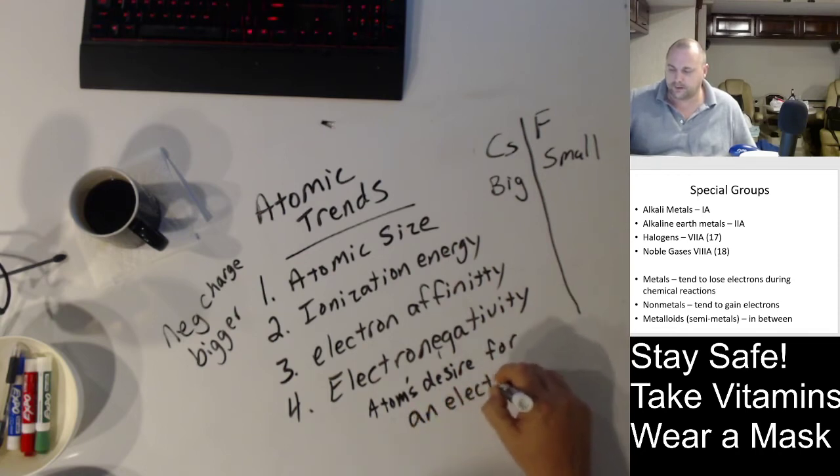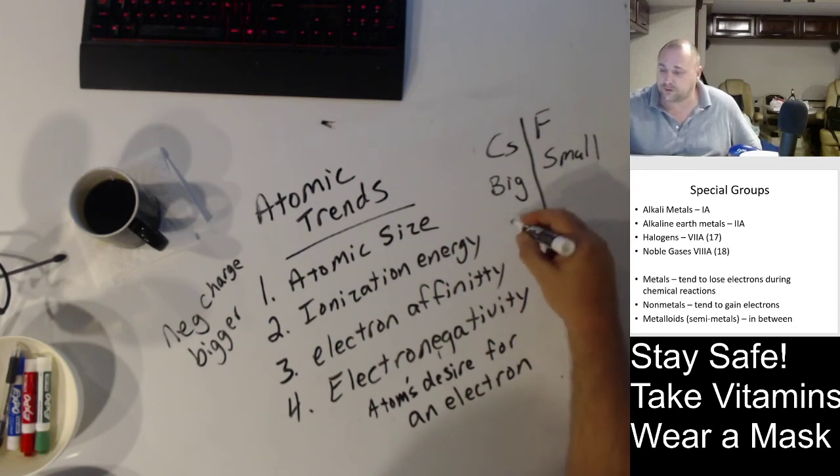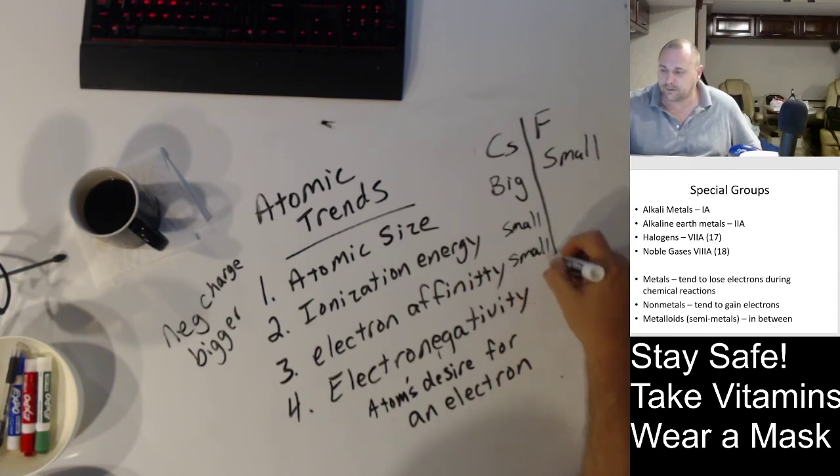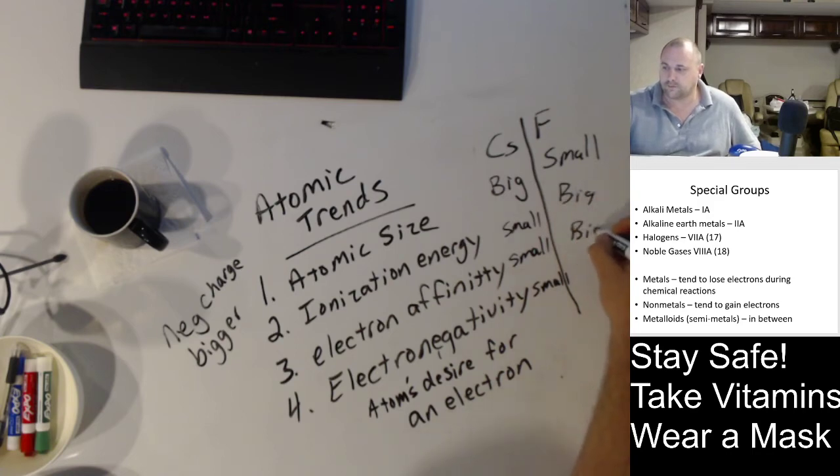This includes the electron it already has, and electrons gaining new ones. The same patterns show up here. All of these are small for cesium and big for fluorine.